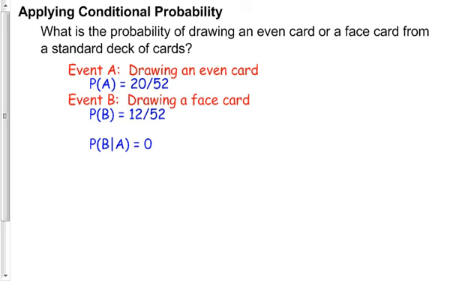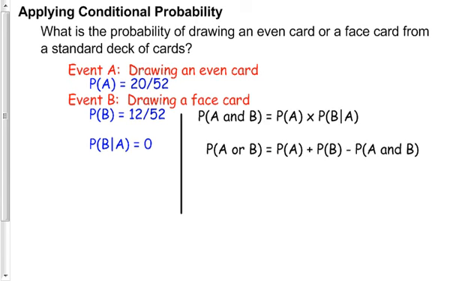So once I have those three probabilities worked out, I'm ready to apply the multiplication and addition principles. The multiplication principle says the probability of A and B occurring at the same time is equal to the probability of A occurring multiplied by the probability of B given that A has occurred.